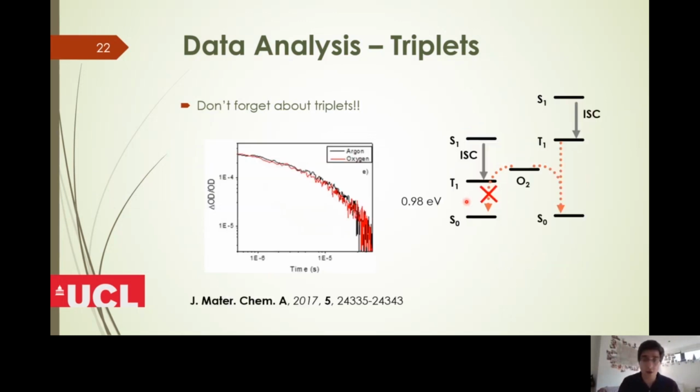Also, you have to be careful when you do this experiment, because it only works if the oxygen level, which is 0.98 eV, is below your triplet level. In some cases, like very low bandgap materials, the triplet level is quite low, so this triplet is not going to react with your oxygen. That's why in this case, the authors showed that there was no quenching at all of the triplets.